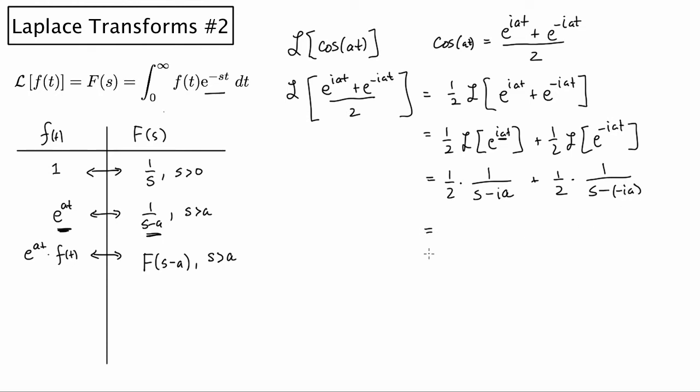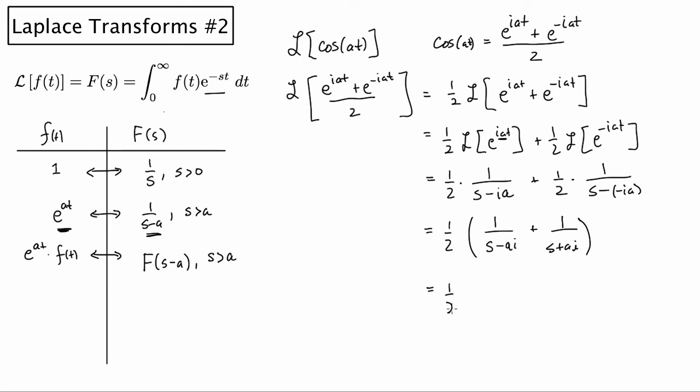So in both cases we have 1/2, and for this particular problem it will be 1 over s minus, and typically when we do this we like to put the real part first, so s minus ai, and then plus 1 over s plus ai.